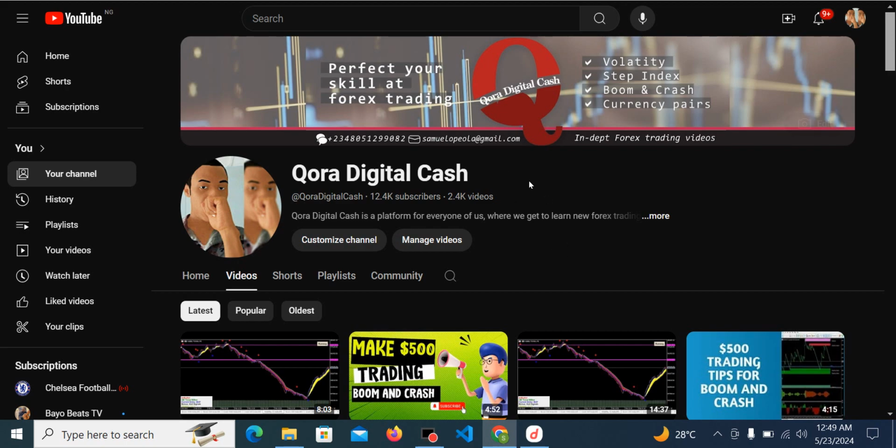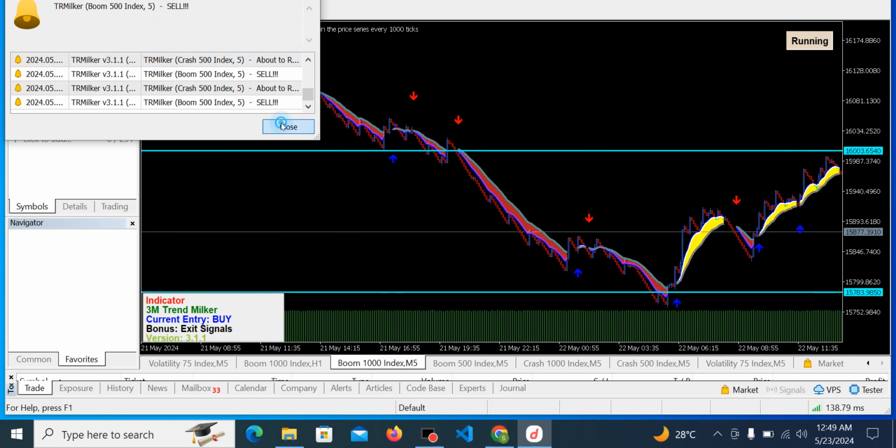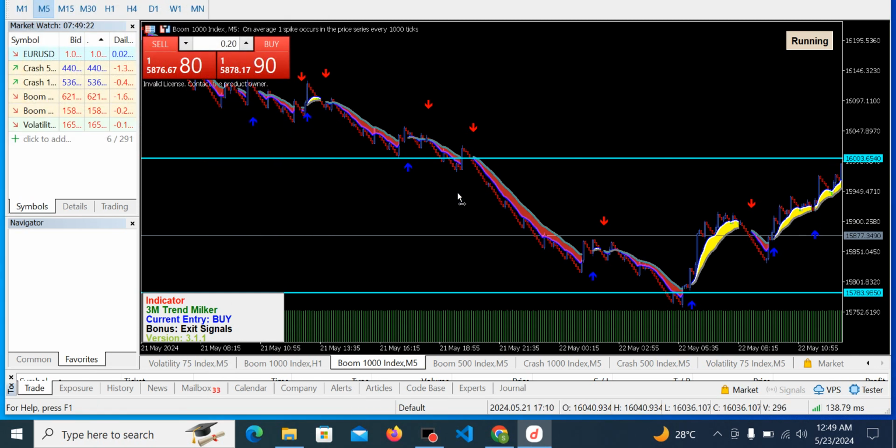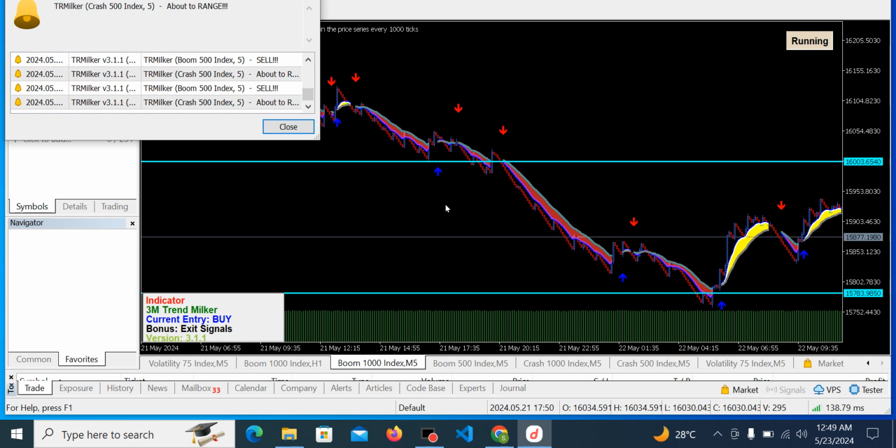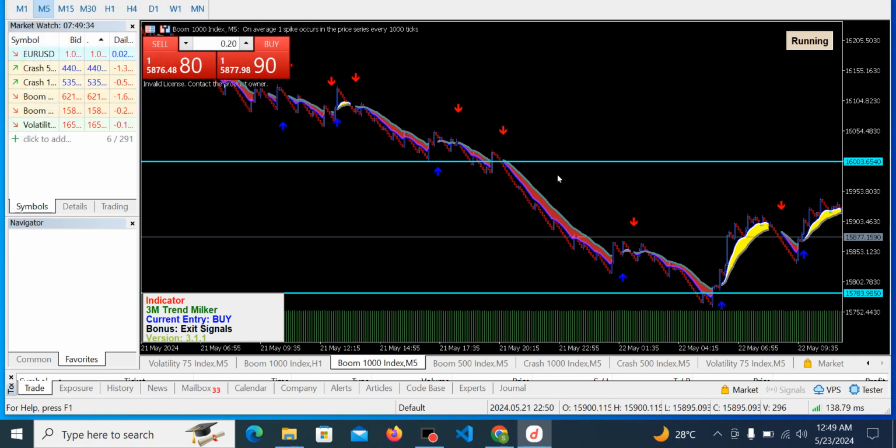So like I said, we will be checking out how we can trade boom and crash. Boom and crash are two different assets that really work very well, and so many people find it difficult to trade, not until they start experiencing the sudden spikes that happen whenever you are trading, and that is the only thing that scares them off.